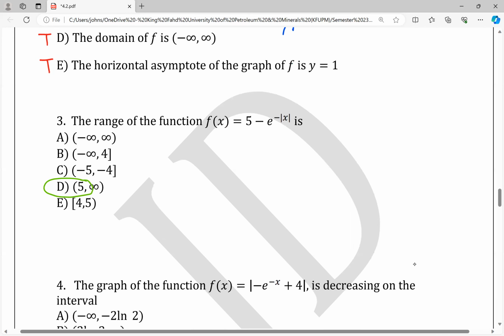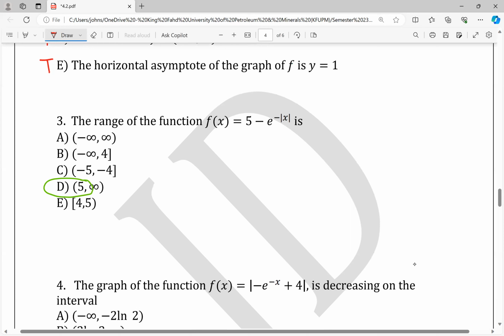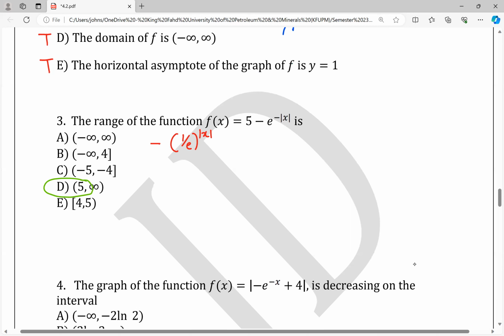All right. Number 3, he said the range of the function, this. Now, to do this, we can graph this function. We can start with e to power. Because of this minus, I can just write it as 1 over e to power absolute value of x, right?